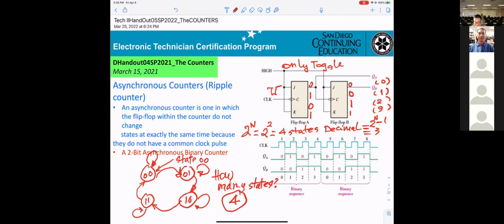Okay? That means it's 0. You apply the clock. Toggle, they go 1. If you get a clock, they go to 0. And also, if you're looking at a timing, clock will be a negative going. This is negative going.